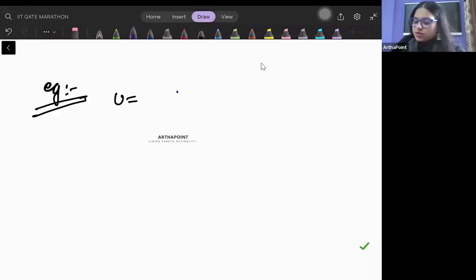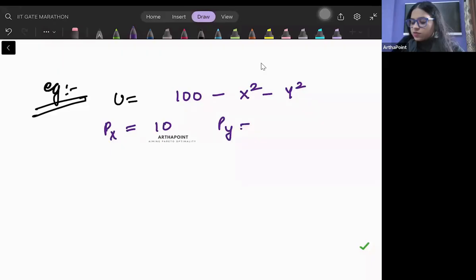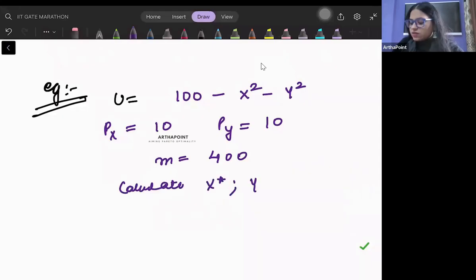Let's say you are given 100 minus x square minus y square. They give you the price of good x as 10, price of good y as 10, income of the consumer as 400, and they ask you to calculate x star, y star.